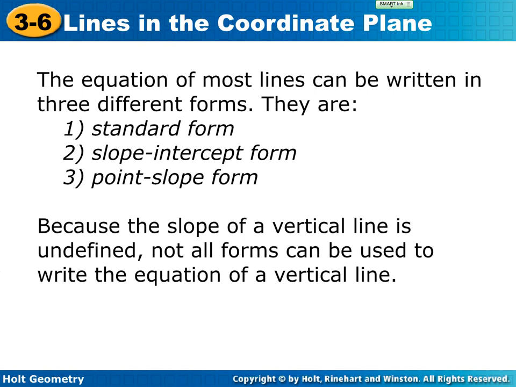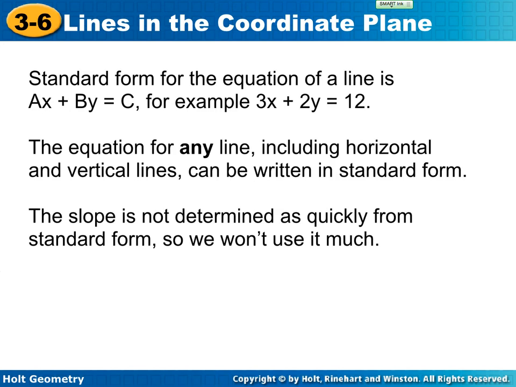I talked yesterday about the standard form, slope-intercept form, and point-slope form. I gave you an example of standard form: ax plus by equals c. So here's one where actual numbers are there: 3x plus 2y equals 12 is an exact example of standard form. Why do we have standard form?